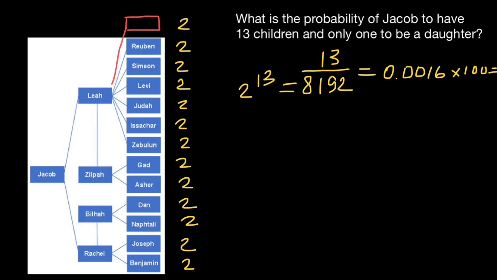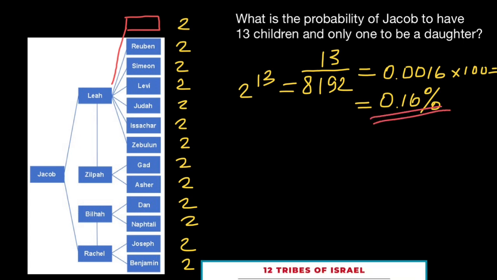And we are going to get 0.16% chance for a person, for Jacob, to have 13 children and only one to be a daughter. So the probability of such an event is 0.16%.